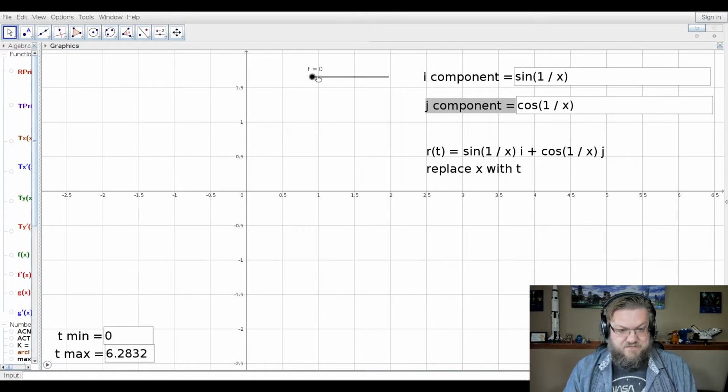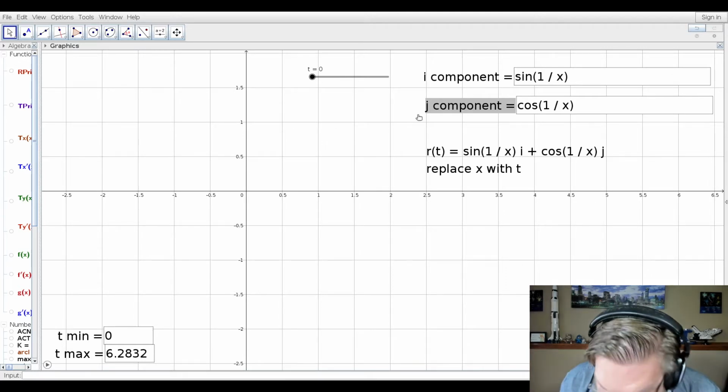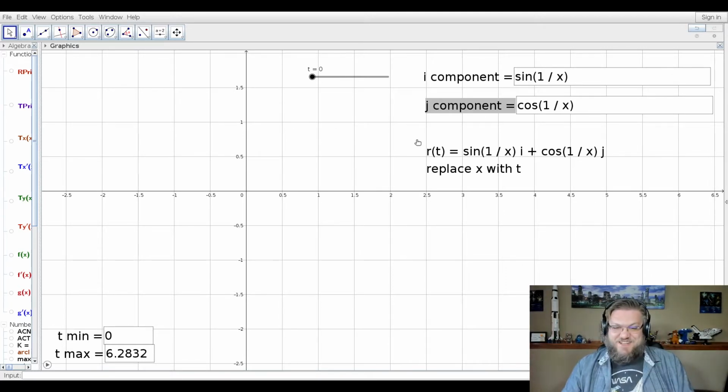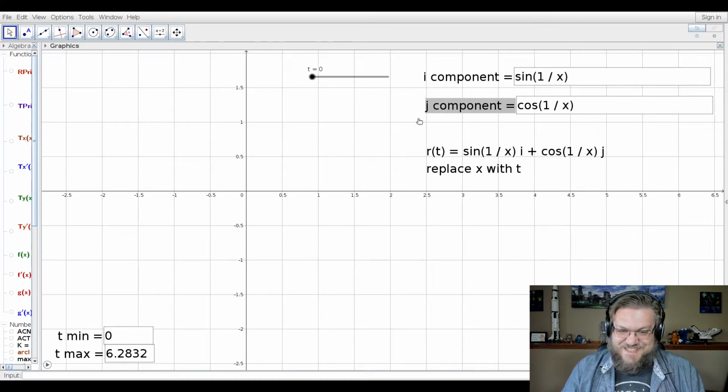No, it doesn't want to. Nope, I broke it. Oh no. You broke GeoGebra. It's frozen. Oh no, I don't like that. That's hilarious. That is funny.